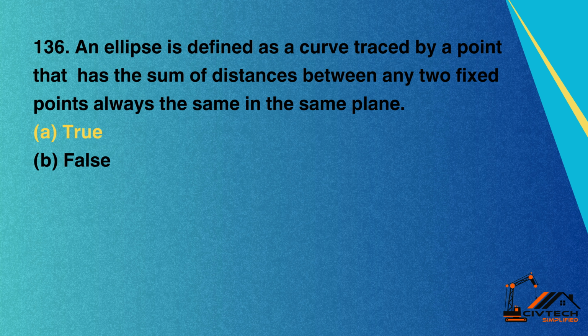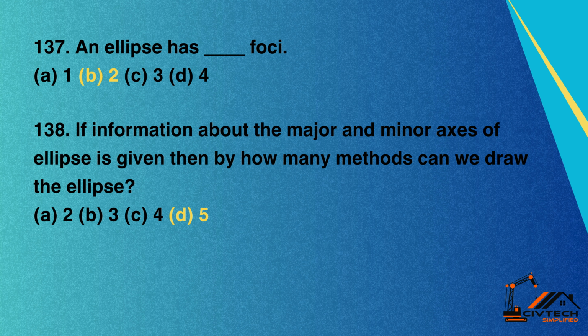Vertex. 136. An ellipse is defined as a curve traced by a point that has the sum of distances between any 2 fixed points always the same in the same plane. A. True. B. False. Correct option, a true. 137. An ellipse has blank foci. A. 1.